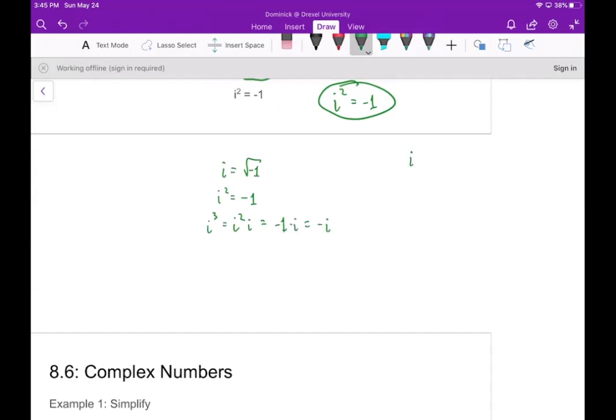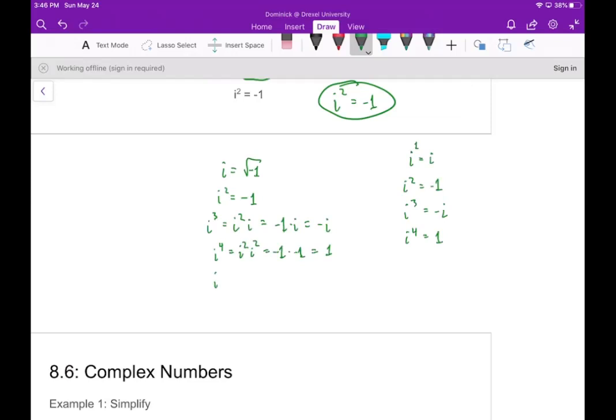So far we have i, i squared is -1, and i to the third is -i. Well, i to the fourth, we could say is i squared times i squared, which is -1 times -1, which is +1. So i to the fourth is +1.